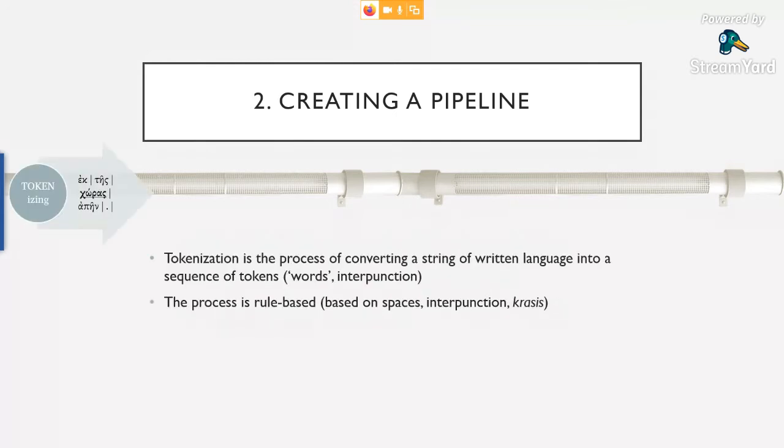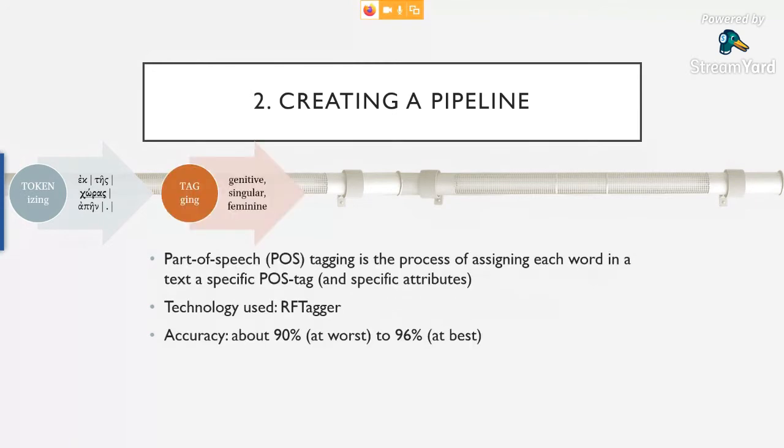So first of all, we can tokenize it. Tokenization is the process of converting a string of written language into a sequence of separate tokens. Most of these tokens are words, but also punctuation is involved in here. This process is rule-based, and I will go to the next steps because they are more interesting.